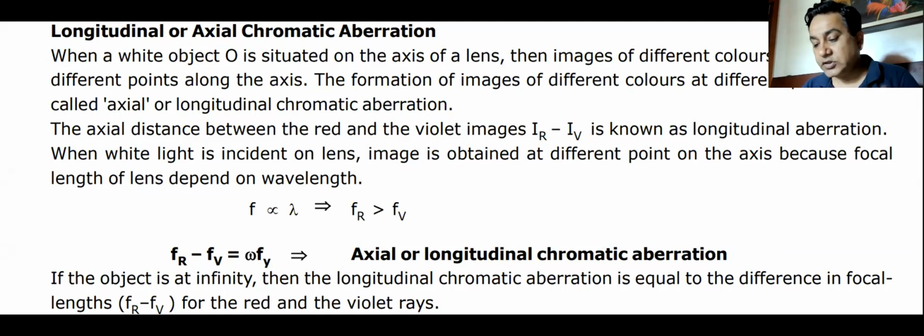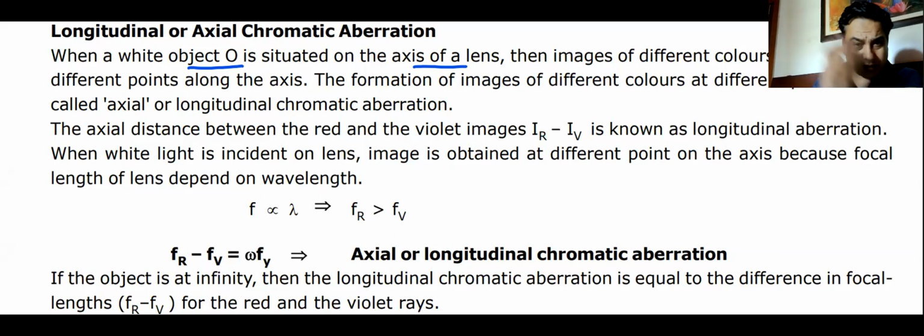This is known as longitudinal or axial aberration. The term might look very complicated, but if you look at it closely, it is not so complicated. We have already understood it. What we have understood is that when a white object O is situated at the axis of a lens, images of different colors are formed at different points.